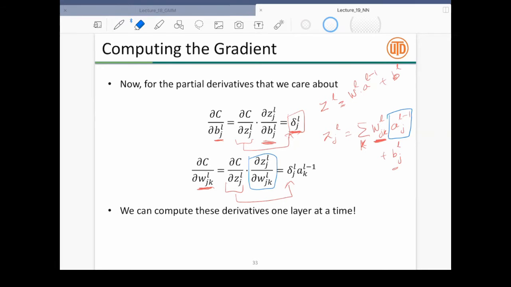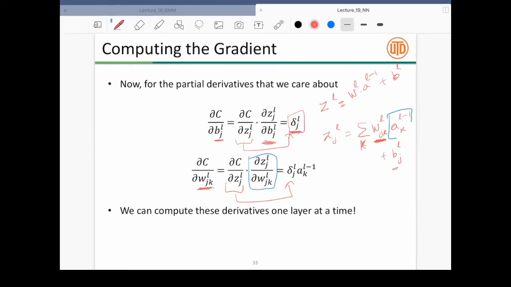Actually, sorry, it's not j, it's k. So the gradient with respect to W j k L is nothing but A k L minus 1.